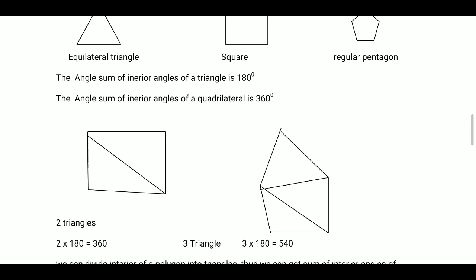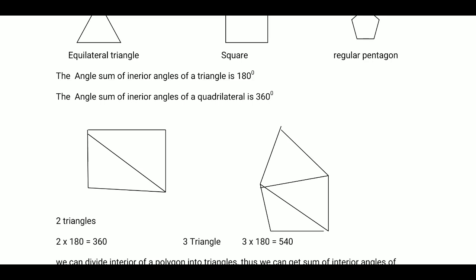If we have a quadrilateral, we divide it into two triangles, and we know that one triangle has angle sum 180 degrees and another triangle will also have angle sum 180 degrees. Then the total sum of the interior angles of a quadrilateral becomes 2 into 180 degrees, that is 360 degrees.